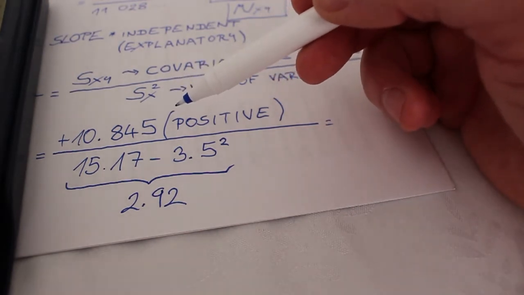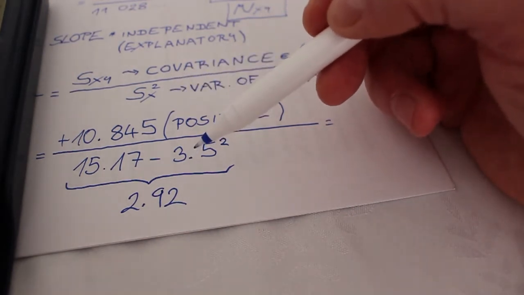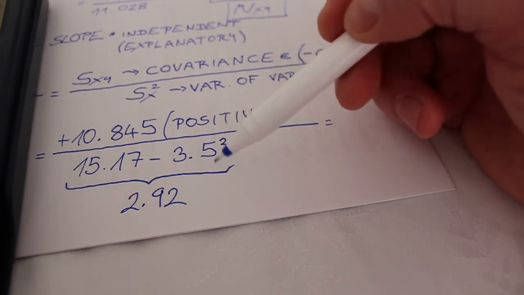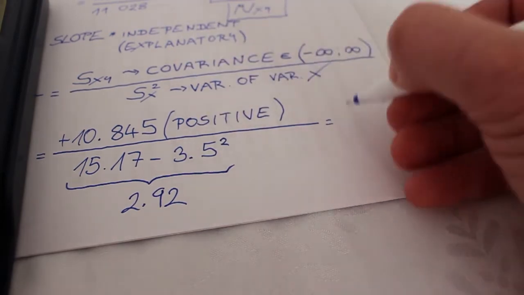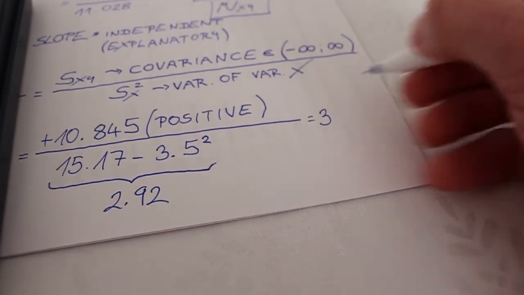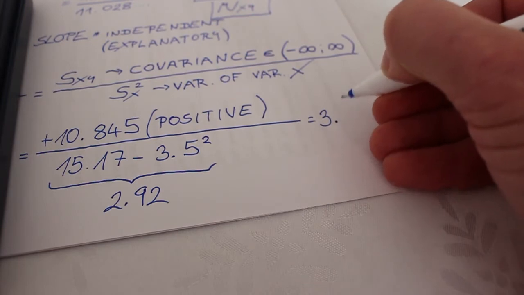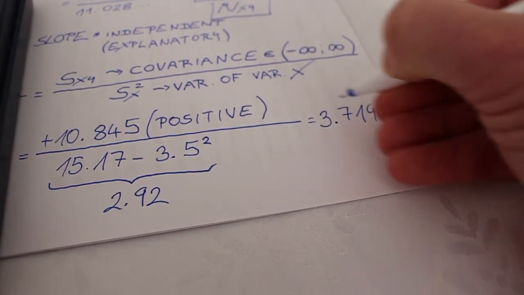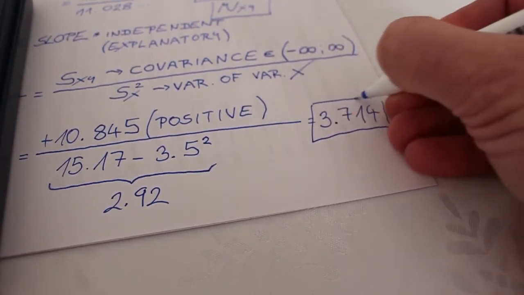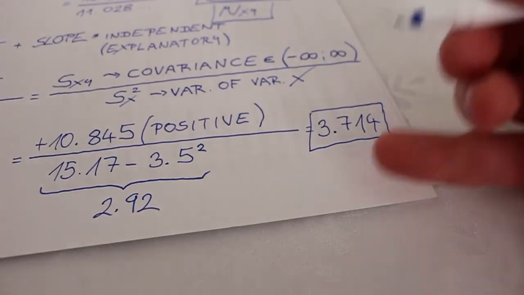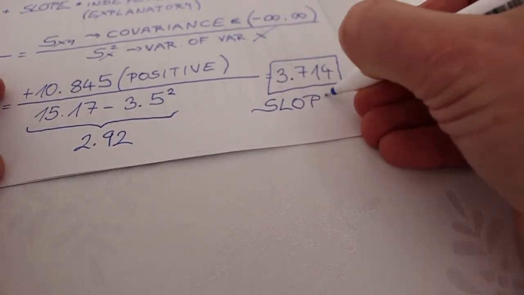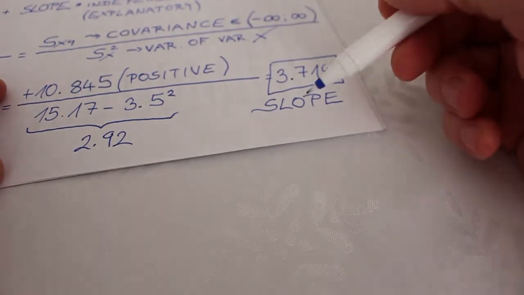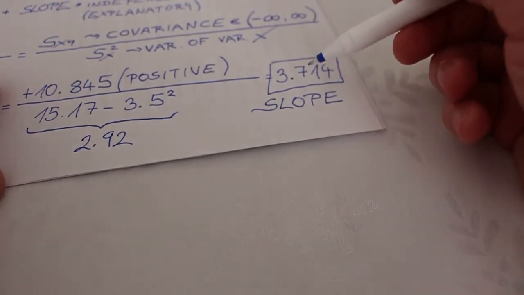Okay, so 10.845 divided by denominator 2.92, enter, 3.714. So this is b1, and b1 is the slope of the regression line calculated on the basis of our data set.